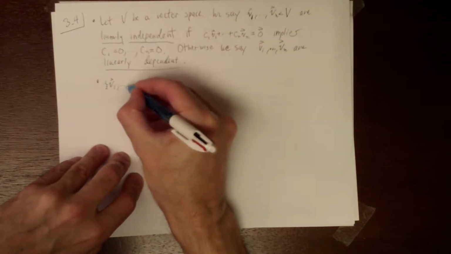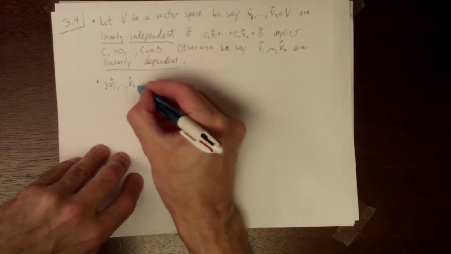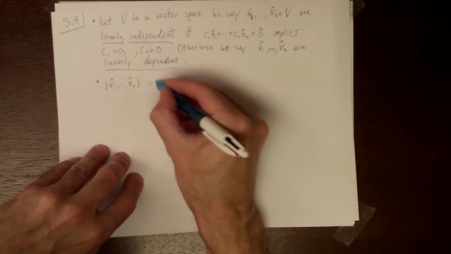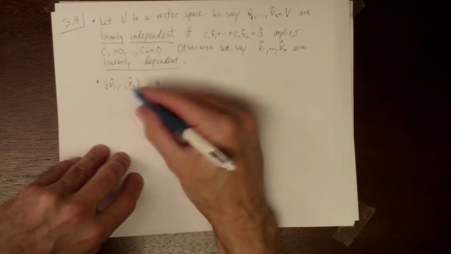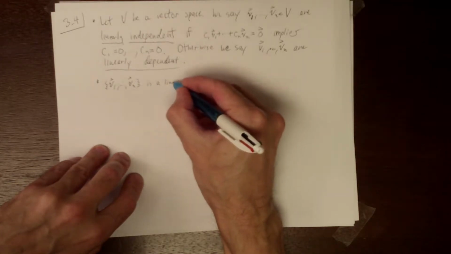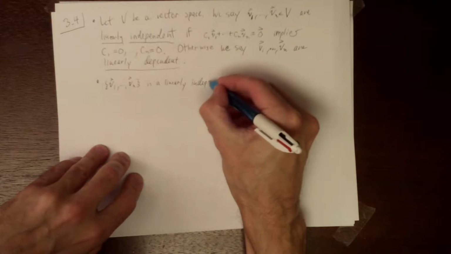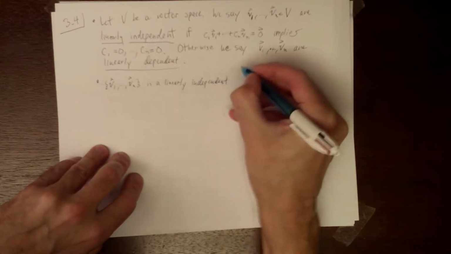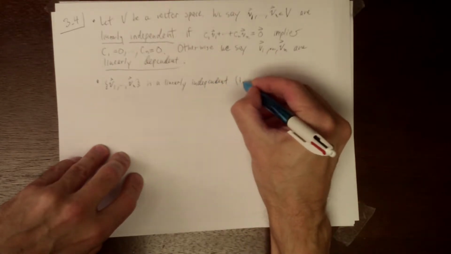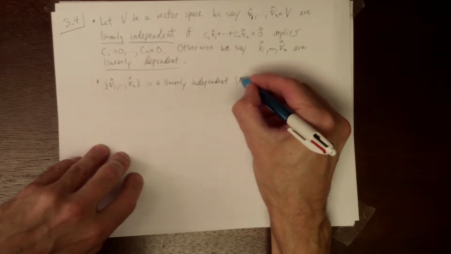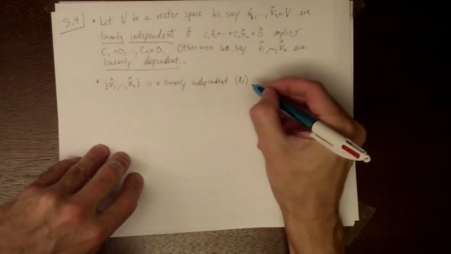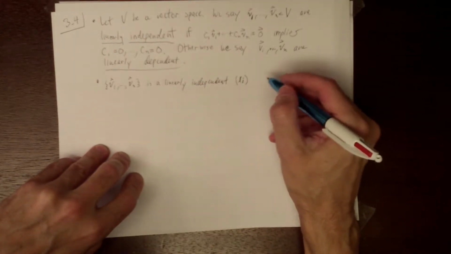So if you have a set of vectors like this, v1 to vn, you say that this set of vectors is a linearly independent set. I think I'll abbreviate linearly independent as LI, just to save time from now on.